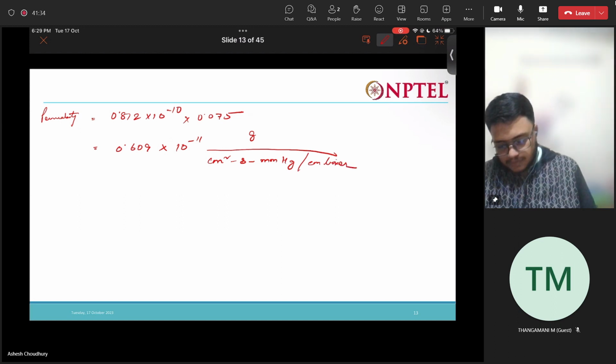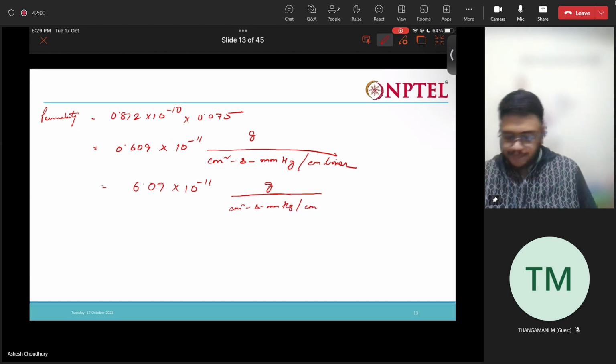So it will be 6.09 into 10 to the power minus 11. This mm we converted to cm, so this one came here. Mm to cm, so 6.09 gram per cm square second mmHg per cm.